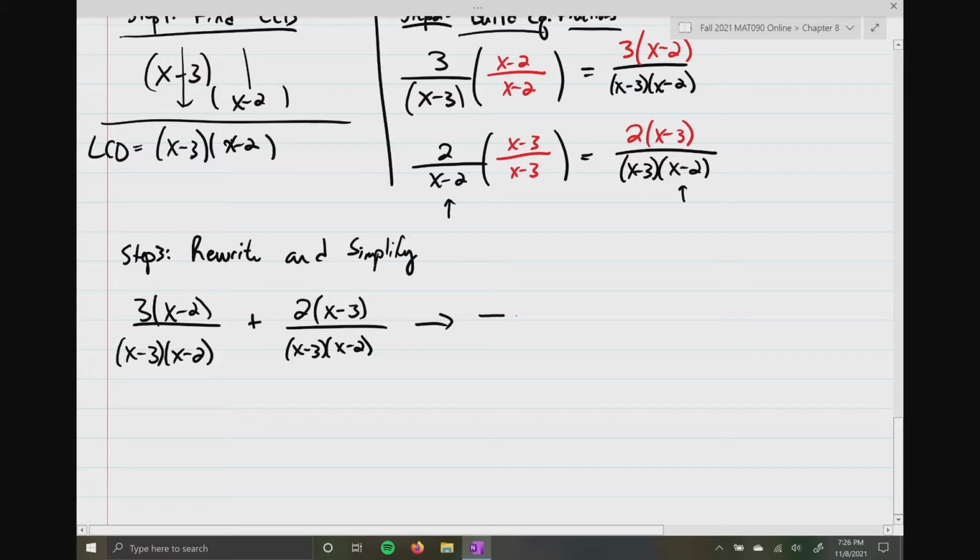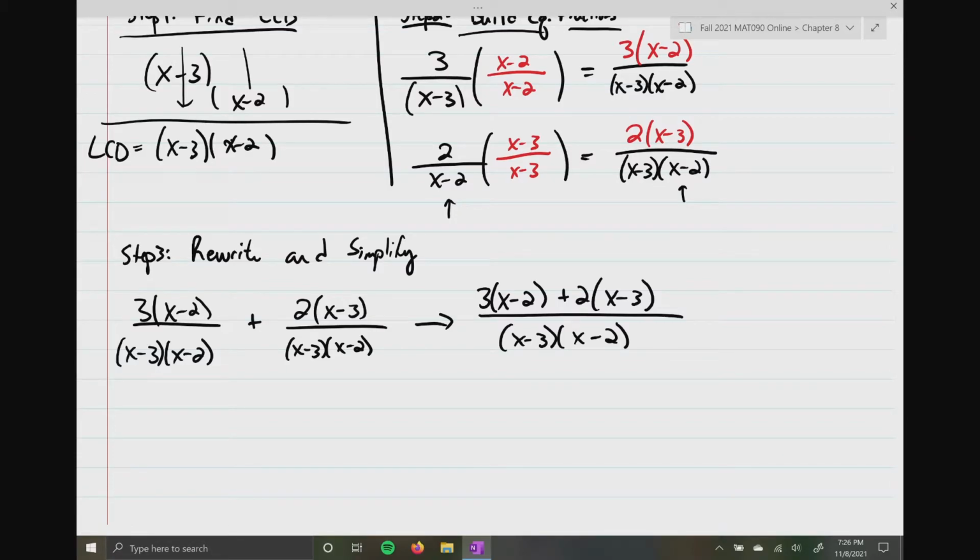And that's going to give me one denominator, because now they're the same, and one nice numerator. Notice I did not distribute anything. I'm just rewriting. You don't understand how much that is going to help you later on. So please be disciplined, be strict with yourself, and write these steps out.